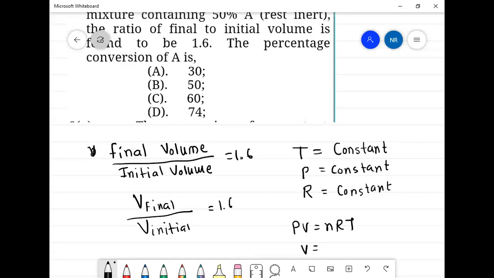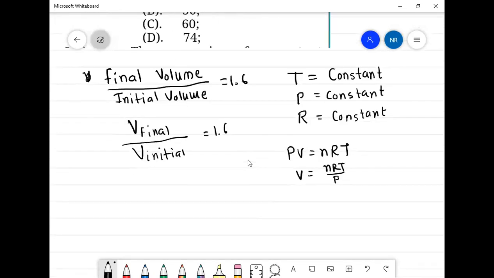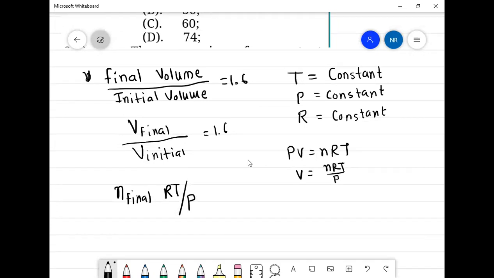V is equal to nRT divided by P. So we can write V final is equal to n final RT divided by P, divided by n initial RT divided by P, is equal to 1.6.